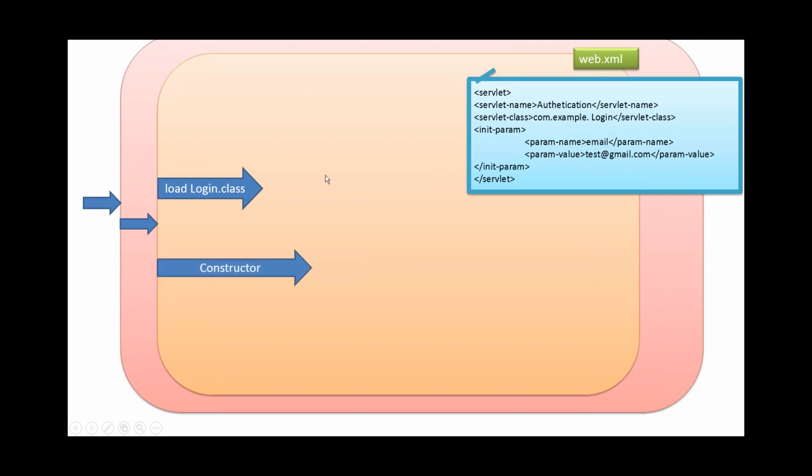Then after that it calls the constructor for that servlet. Once the constructor is called, it creates the object. Servlet object is created. After the servlet object has been created, it creates another object called the servlet config object. This servlet config object contains information related to the configuration of the servlet.